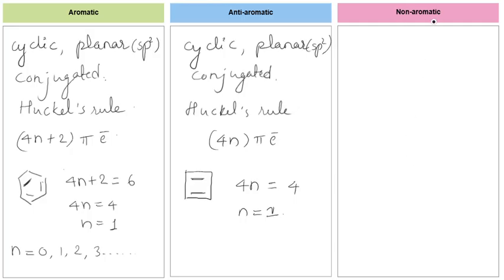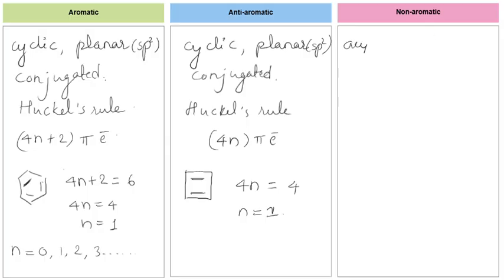Now what are non-aromatic molecules? Any molecule which does not obey any one of these rules. That means it can be cyclic, planar, conjugated, but not obeying Hückel's rule. Or if it is cyclic, conjugated, Hückel's rule is obeyed but it is not planar, then it is non-aromatic. So if the molecule is neither aromatic nor anti-aromatic, then it is a non-aromatic molecule.